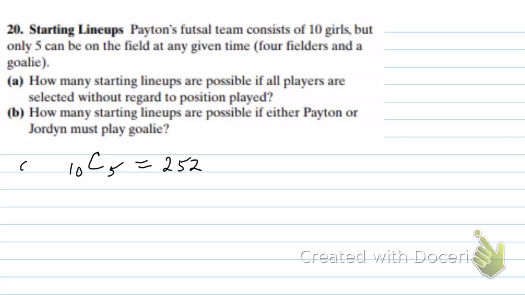So that was A. B, how many starting lineups are possible if either Peyton or Jordan must play goalie? Okay, so I would write it out like this. Here's a goalie. All the others just there. How many choices do I have for goalie? 2.